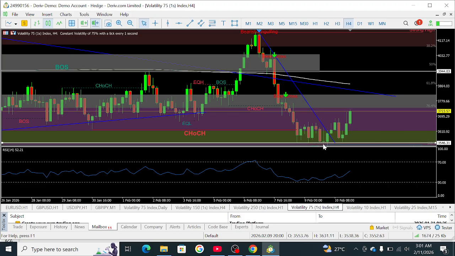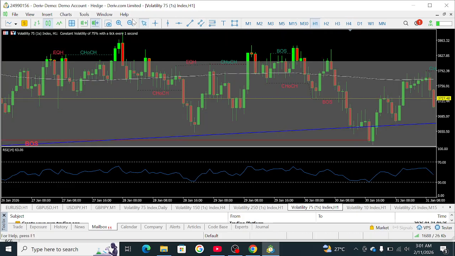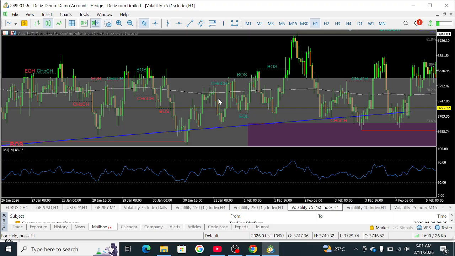The manipulation took place like this, and there was a buy up which I was not part of, but I saw this one yesterday. Now let's go to the 1 hour time frame. And there was a buy up.